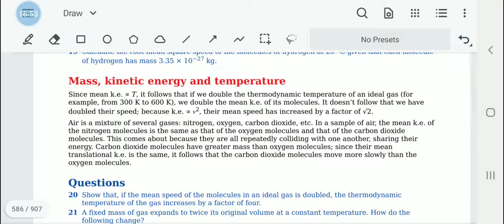Why? Because KE is proportional to v squared. So that means we have increased the speed by a factor of root 2. So that is another connection, and this is something that they have asked you questions about.